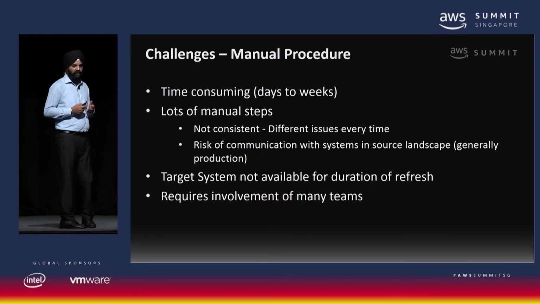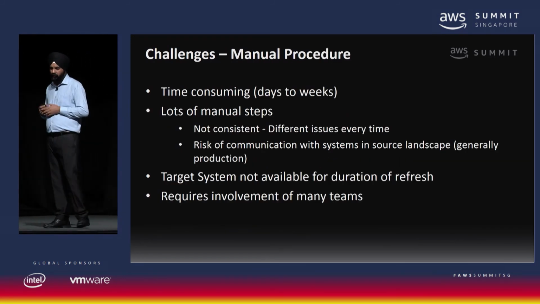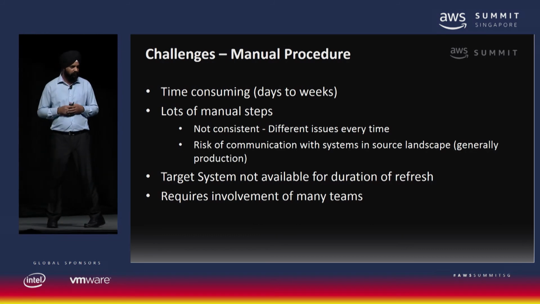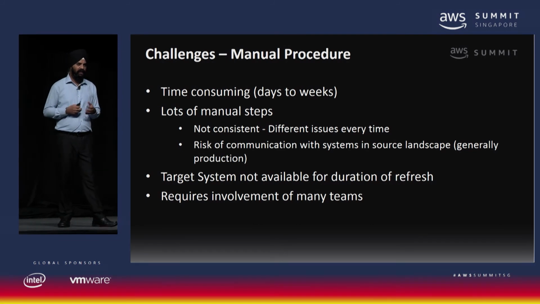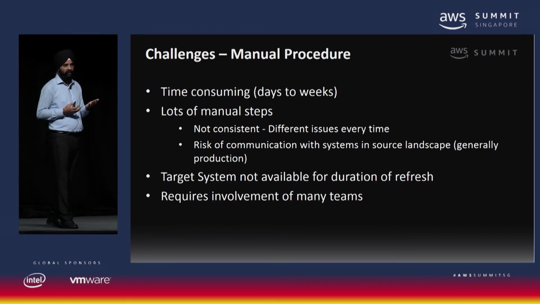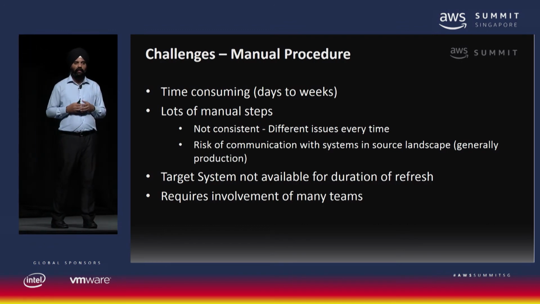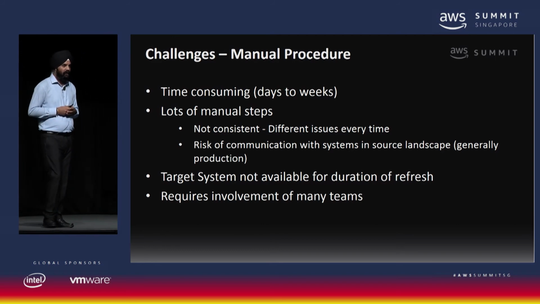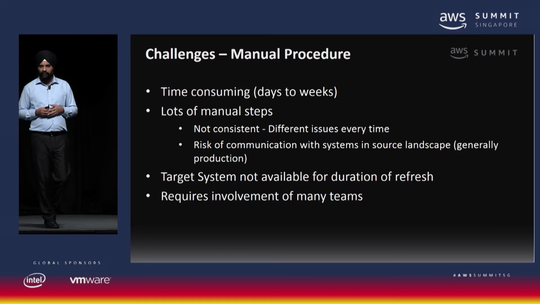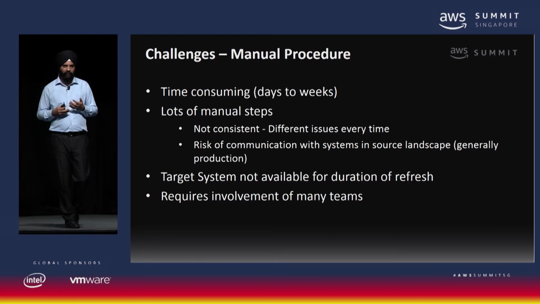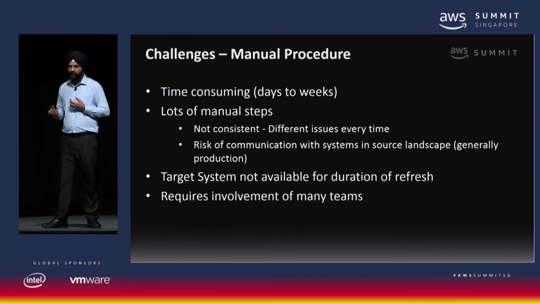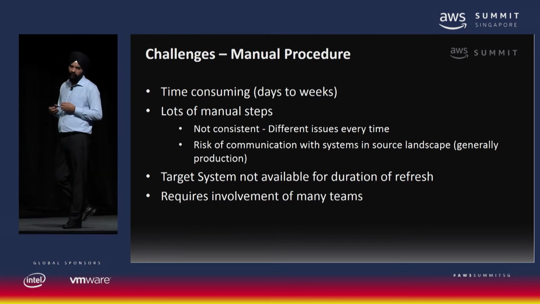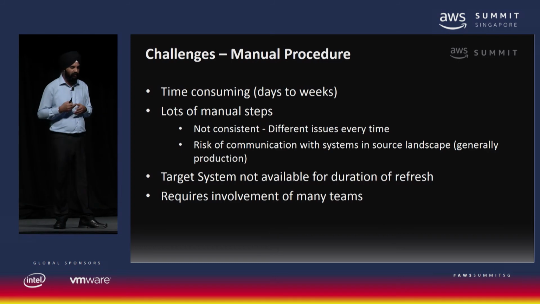So let's look at some of the challenges before I describe what the AWS solution for system refresh is. The manual procedure, the challenges are, as I said, it's very time consuming. It takes days to weeks depending upon how large your system is, how complex your landscape is, and so on. And because there are a lot of manual steps, there are always some different issues that you will get whenever you refresh, because somebody will miss some steps, or they will execute those steps in a different sequence.